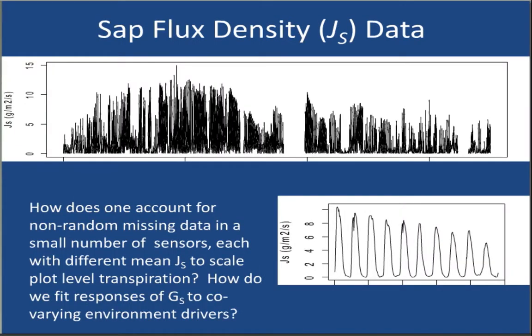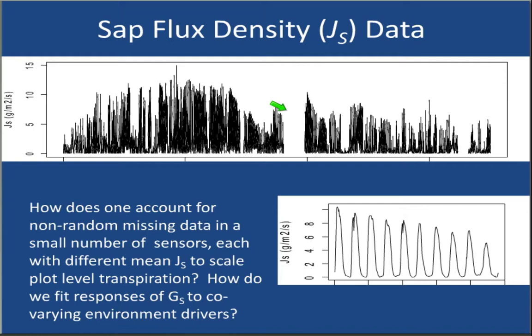Now, of course, in reality, data are messy. So what I showed you before was sap flux data for a few days, while the sensor was working just perfectly. In reality, a sensor over a year looks more like the upper panel. And here we have both short-term gaps and longer-term gaps that might be the result of either power problems at the site or sensor failure.